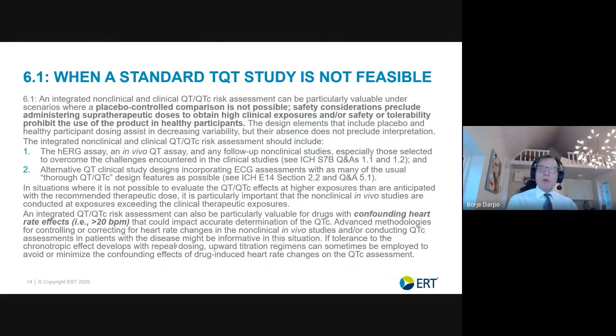But if we can supplement our clinical data, and if we see that we don't have a QTc effect in the patient trial, then the sponsor can claim that the drug has a low likelihood of proarrhythmic effects. Another example given in the guidance is drugs that have a substantial effect on the heart rate, either increasing or decreasing the heart rate by more than 20 beats per minute.